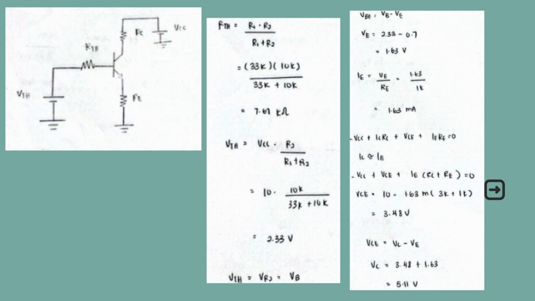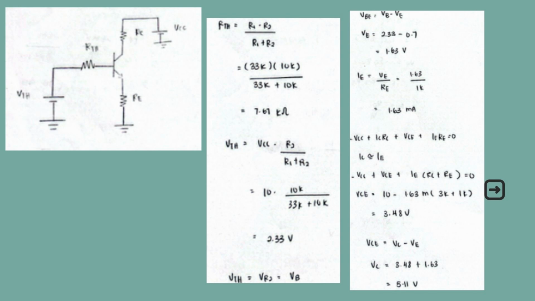Next, we want to find VC. If you look at the circuit that has been drawn, to find VC, we first need VCE, which equals VC minus VE. To find VCE, we use Kirchhoff's law: negative VCC plus ICRC plus VCE plus IERE equals 0.